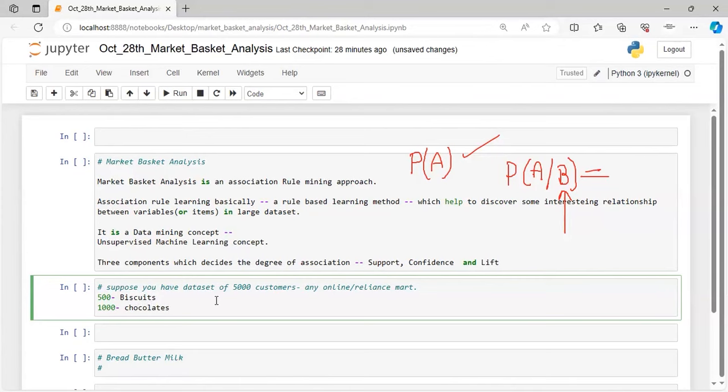Out of this 1,000, or make it 800, no problem, these 800 have purchased the chocolates, and out of these 800 transactions who purchased the chocolates, 200 include both biscuits and chocolates.